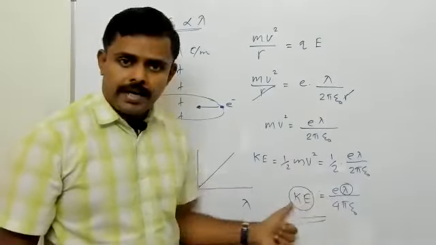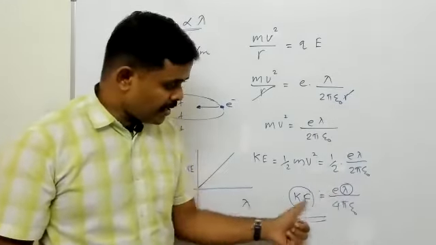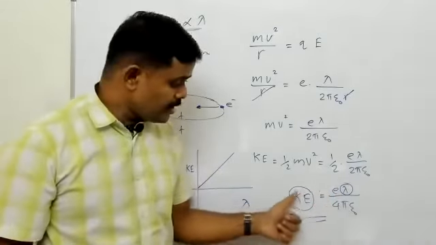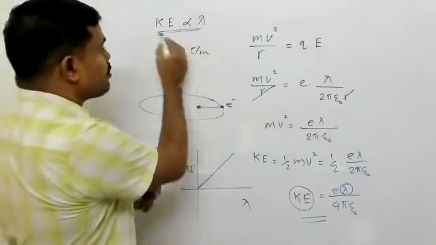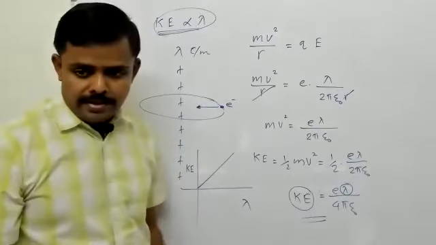They are directly proportional to each other, because e, 4, pi and epsilon 0 are constant. So kinetic energy is proportional to lambda. Direct proportionality means the graph should be a straight line. So the graph is a straight line. Did you understand this?